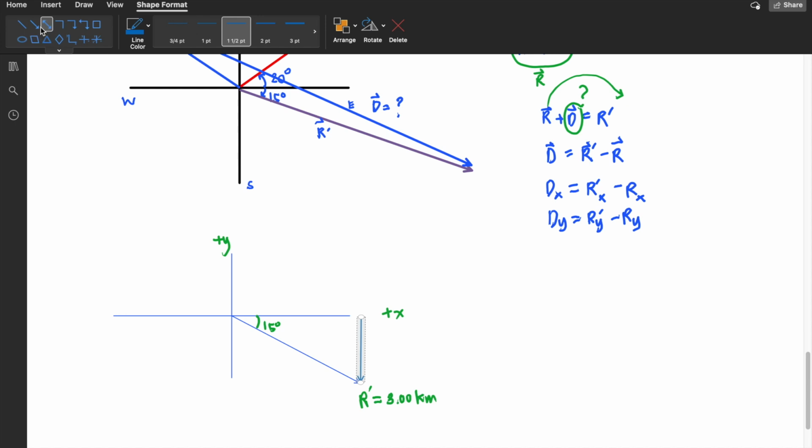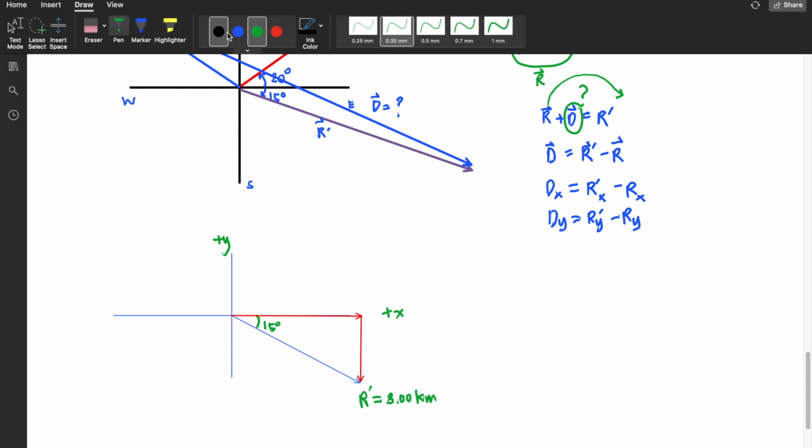On the other hand, it's towards the right, so this will be your rx. We'll put some labels: this will be your rx, and this will be your ry prime.